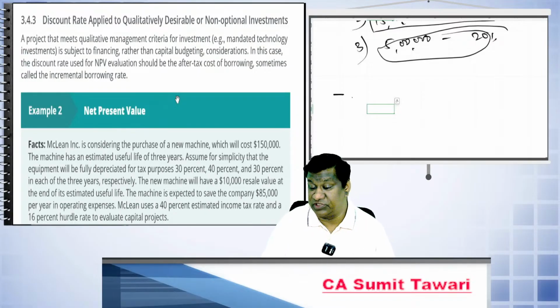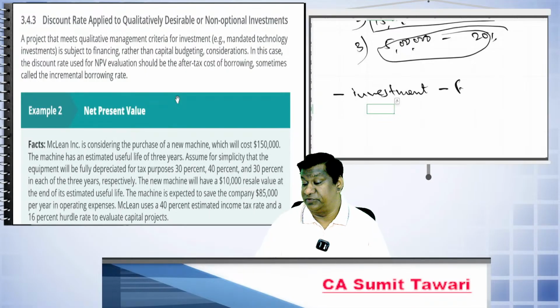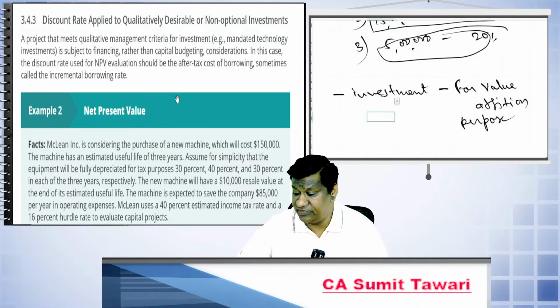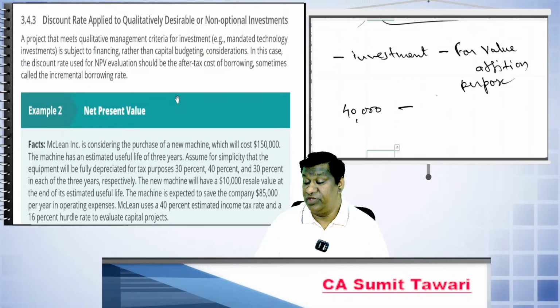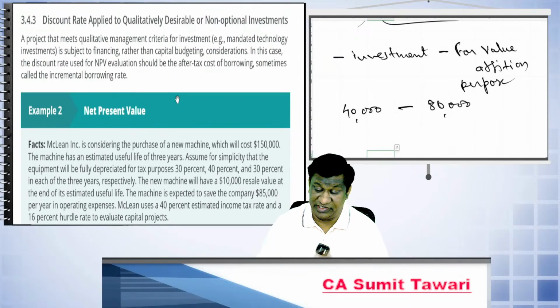We need to do some investment for value addition purpose. Earlier we were producing 40,000 units, now we are producing 80,000 units because of some modernization.